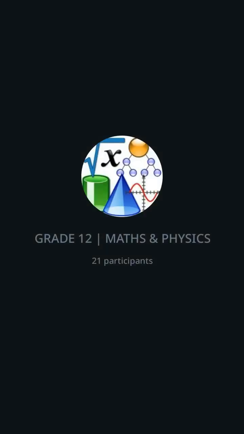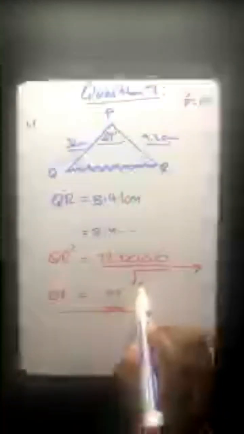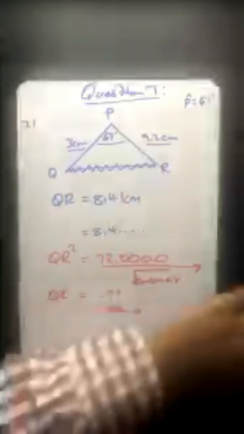But what I would do is keep the lengthy decimal and then just take the square root of that answer. Then your answer is going to be 100% correct.